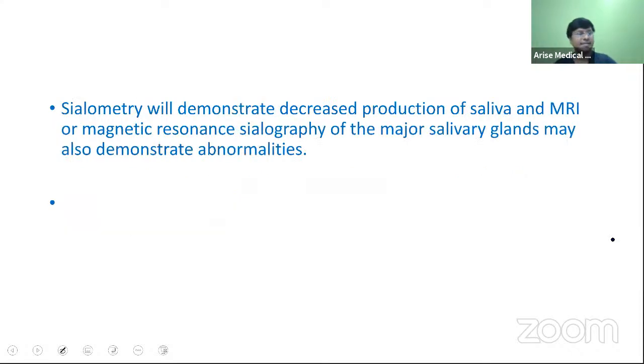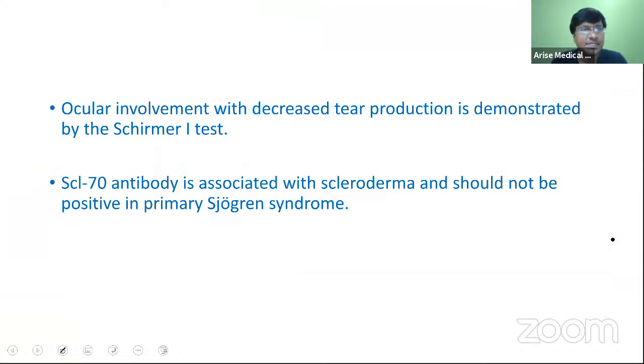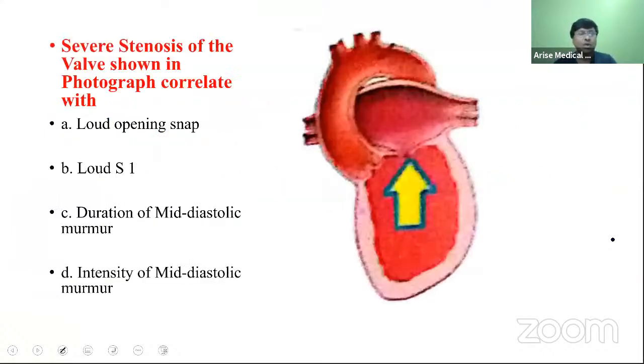Here is another very interesting question, and let me see how many of you can crack this. Severe stenosis of the valve shown in the photograph correlates with: loud opening snap, loud S1, duration of the mid-diastolic murmur, intensity of the mid-diastolic murmur.